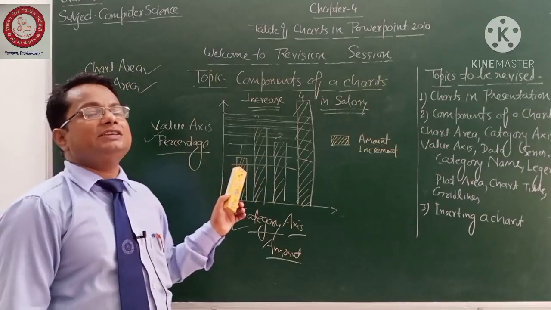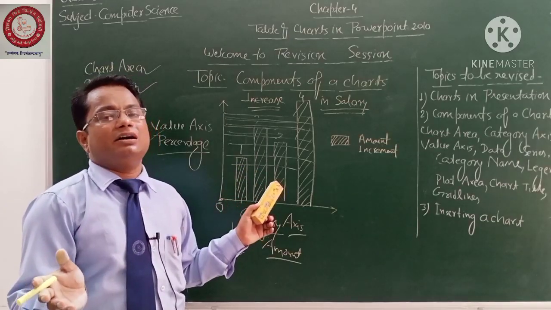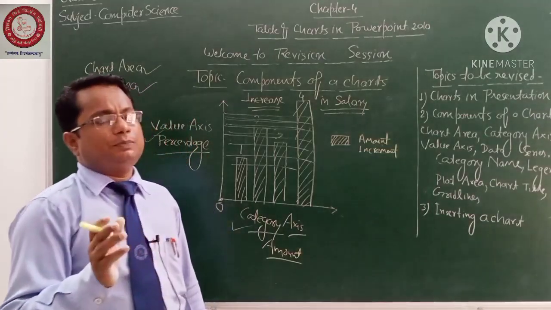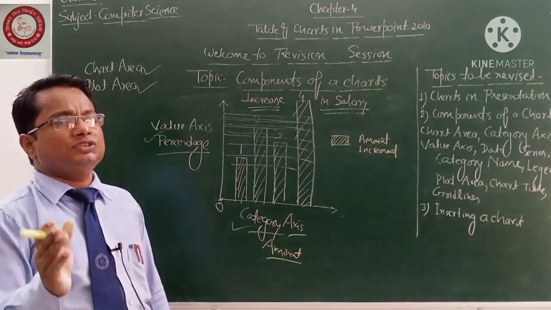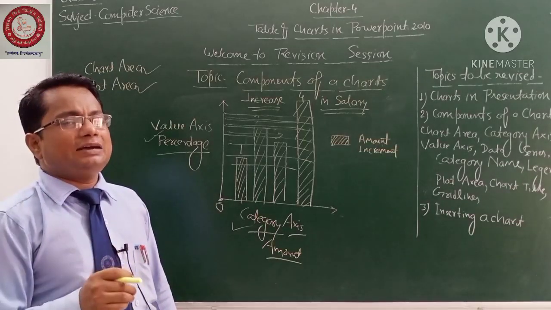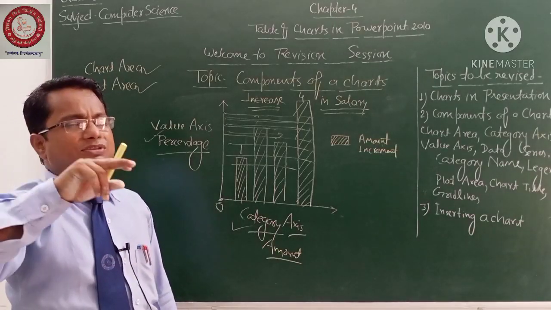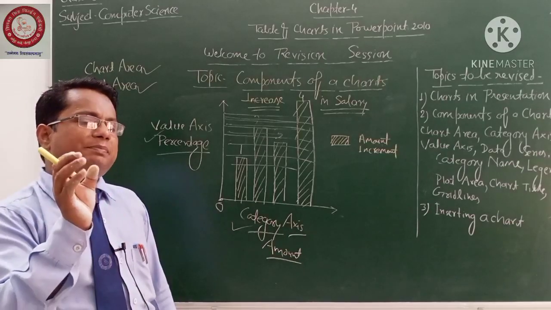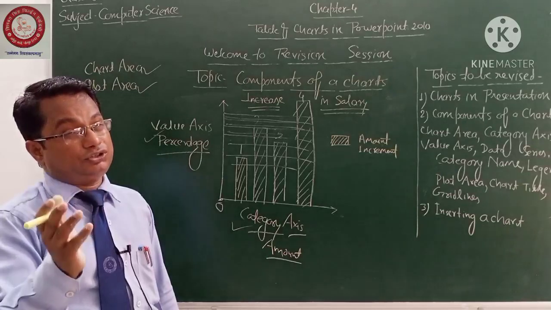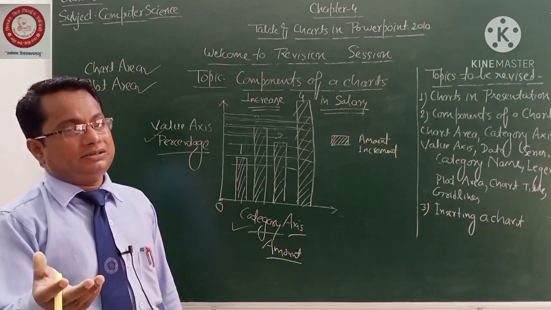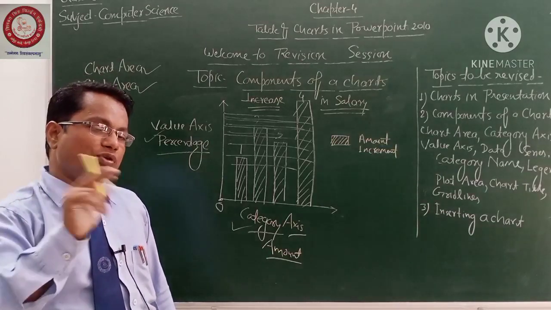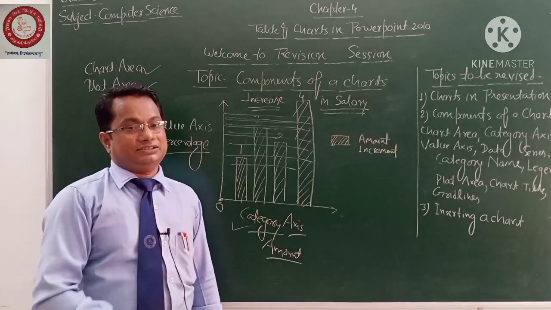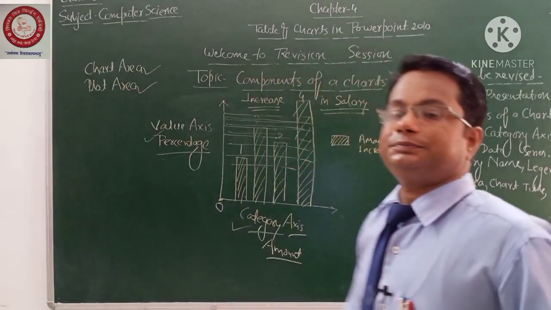So those minor lines, maybe vertical or horizontal, are called grid lines. Suppose I'm giving one example here. Suppose you have taken a graph paper. In that graph paper, some vertical lines and some horizontal lines are already there, and by using them you are making a graph for a particular question or particular thing. So the horizontal lines and the vertical lines on that graph are known as grid lines.